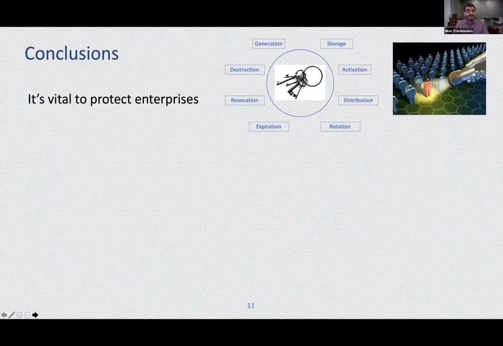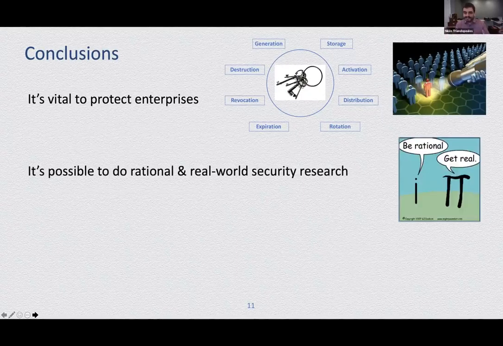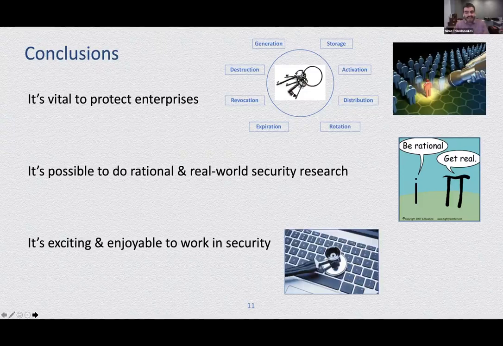So to conclude, hopefully I have convinced you that it's really vital to protect enterprises, and these are two major attack lines: key management and credential management and detection. This is a more general aim for me personally, in terms of research, that I try, and I think sometimes it's really possible, to combine rigorous solutions that are real-life relevant and impactful.